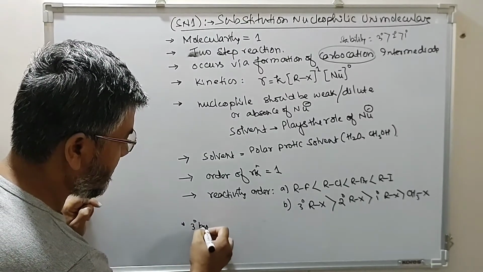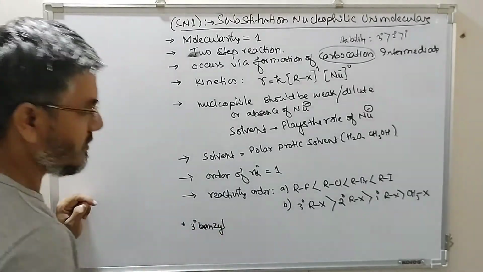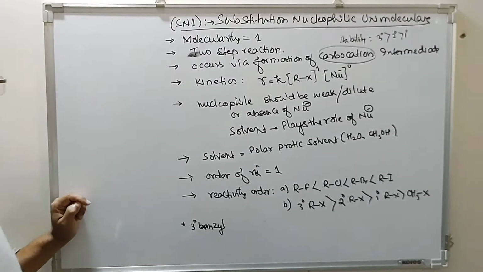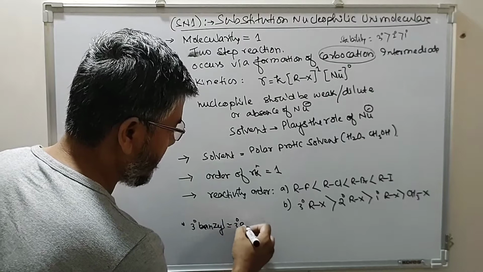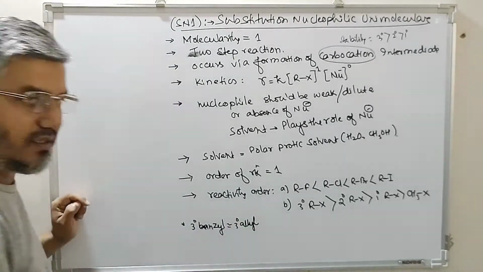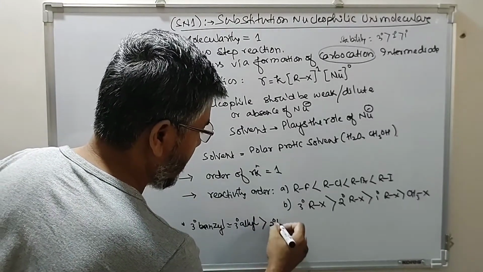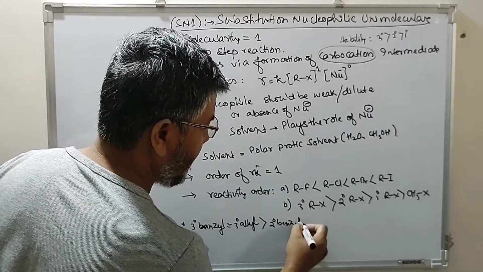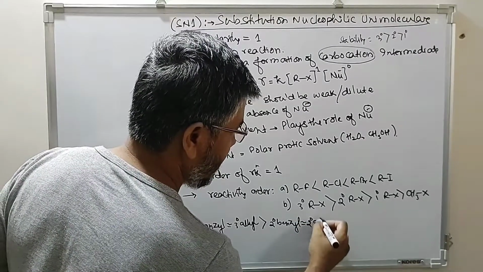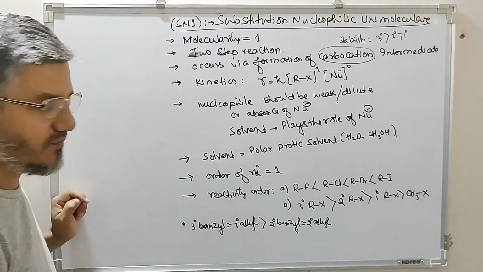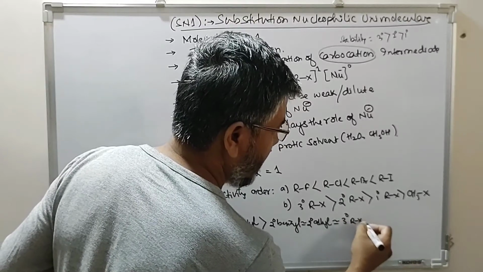So considering this, tertiary benzyl halide is approximately the same in reactivity as tertiary allyl halides, which are more reactive than secondary benzyl halide, whose reactivity is approximately the same as that of secondary allyl halides, which have similar reactivity to that of tertiary alkyl halide.